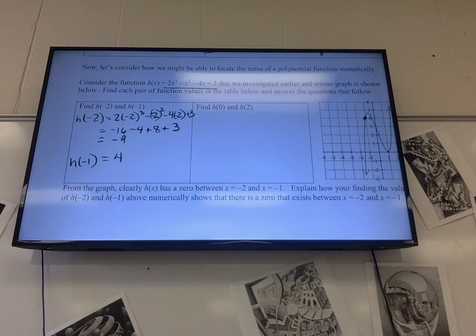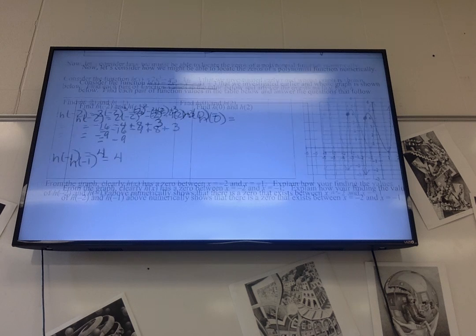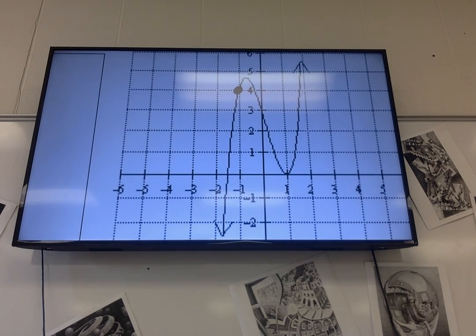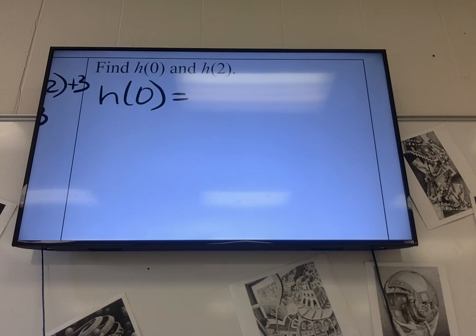Now we're going to find h of 0 and h of 2. H of 0 is easy to find. Looking at the graph, what is it? 3. H of 2 may take a little bit more work.